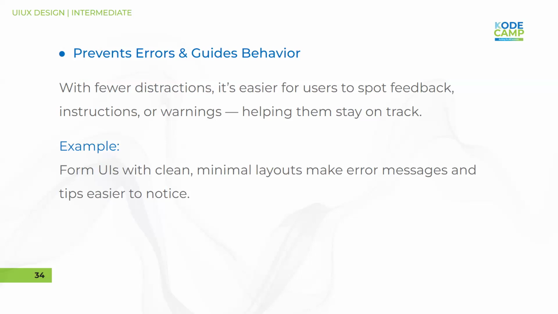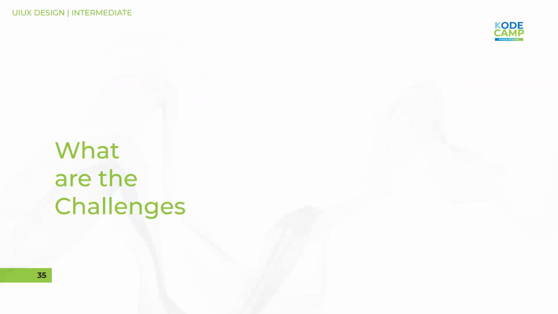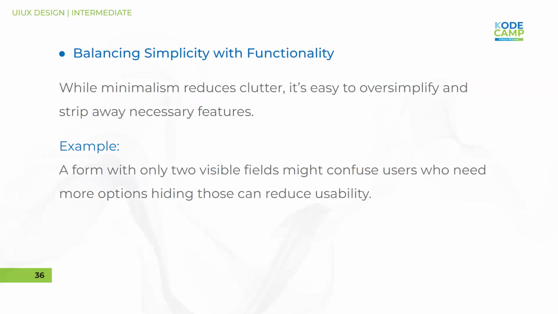An example could be a form UI with a clean and minimal layout. With this, you can see that error messages will be easily seen, and tips will also be easily noticed.